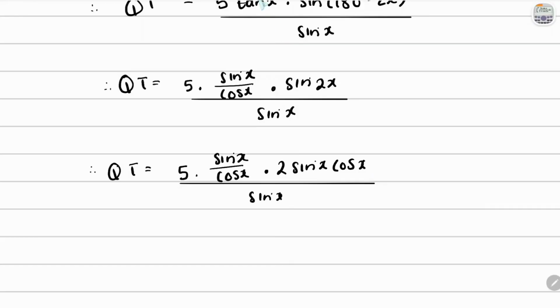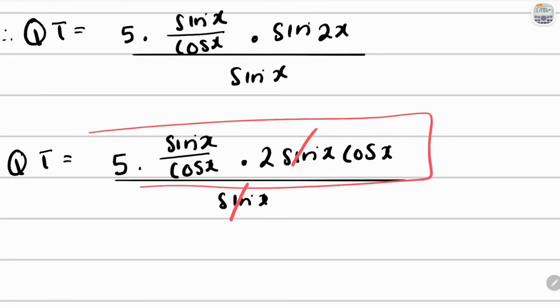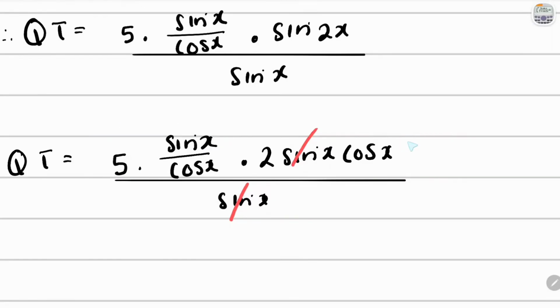Okay, and now you see that sine x and sine x will cancel here, and now you're left with, in the numerator, sine x over cos x multiplied by cos x. This cos x, despite the fact that they're all in the numerator, has a denominator of 1. So it will cancel with this cos x in the denominator.